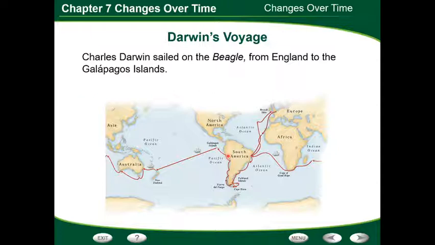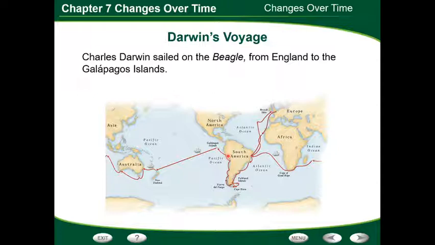So that was where he started to think about how organisms might have originated, and at the same time why some of them didn't appear to change, but some did. That was just one thing he was thinking about.